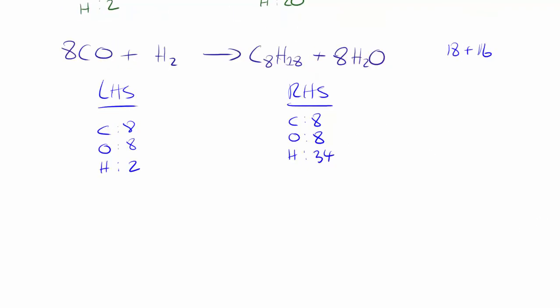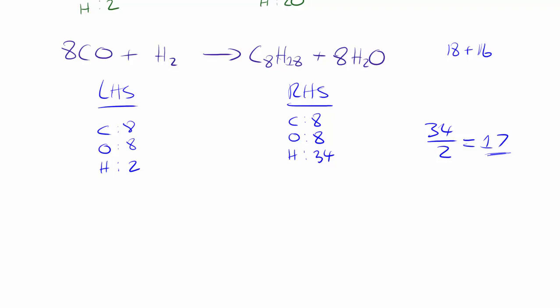So in order to figure out the multiplier we need to go from 2 to 34, we just need to do 34 divided by 2, right? So if you work that out, you should find that gives you 17, right? And so this is the multiplier we need to use. So what I'm going to do is put a 17 in front of the H2, right?